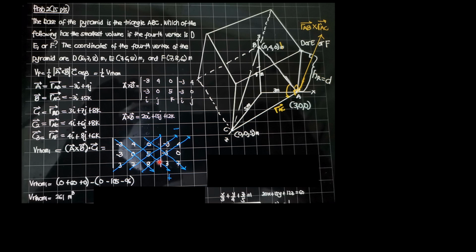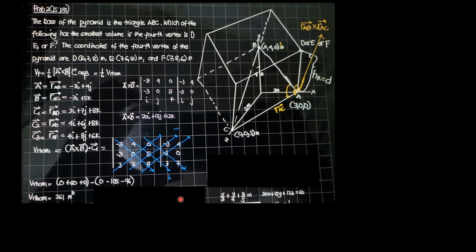Then 4 times 5 times 3, that's positive 60. Then 0 again. Then minus quantity, 3 times 0, so 0. Then 7 times 5 times negative 3 is negative 105. Then quantity 8 times negative 3 times 4 is negative 96. So therefore, volume of rhomboid 1 is 60 plus 105 plus 96. So it is 261 cubic meters.